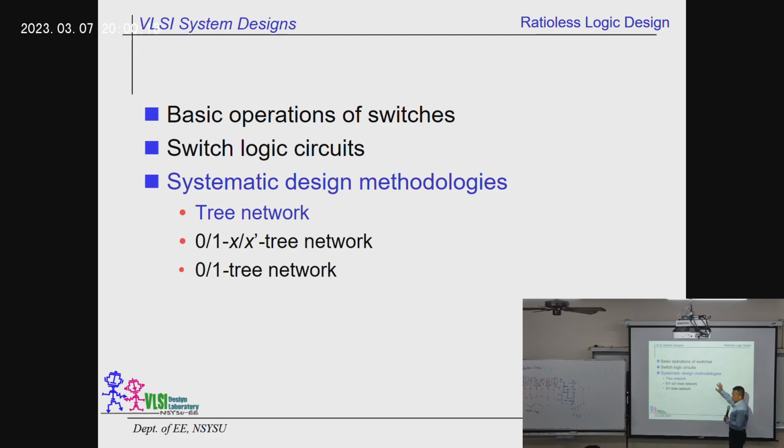We call all of these ways systematic design methodologies, and they are based on the Shannon expansion and the residue map, and they are all called tree networks. So after we finish this, we'll take a break, and we'll see you 2 weeks from now. Please pay a little attention to what I'm going to say here.